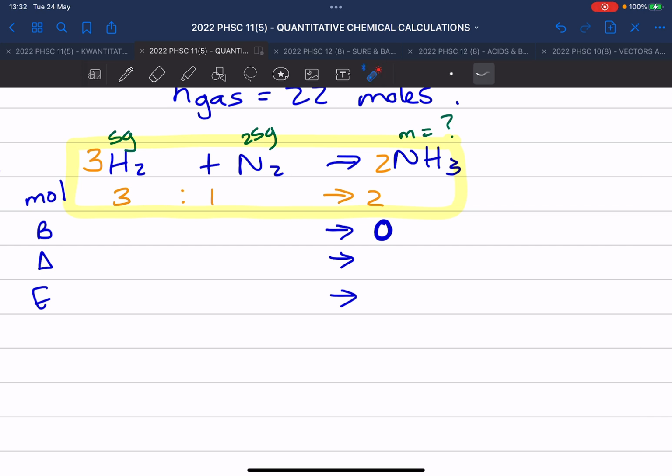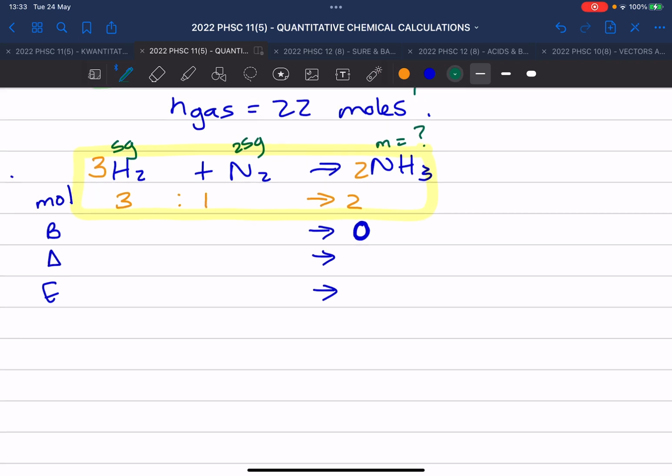Are you allowed to fill in your grams in your table? No, what should you do? Yeah, but what should you do? Not why are you not allowed to?